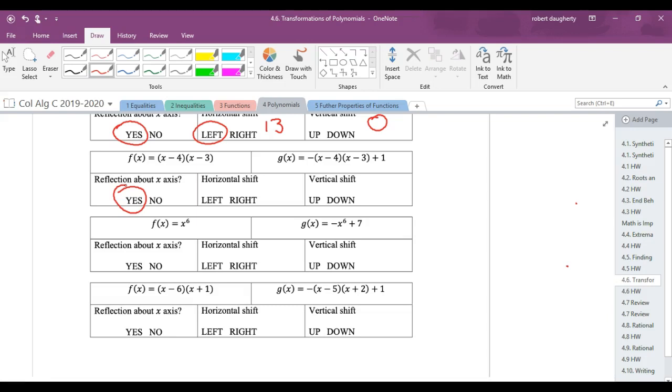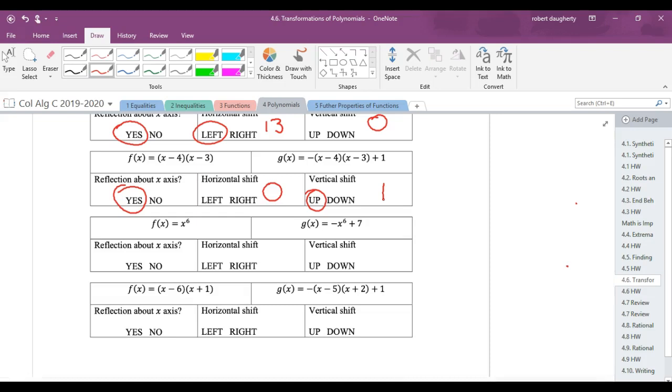What makes you think it moved horizontally? I see an x minus 4 and x minus 3, but what do I see over here? Same thing. So it did not move. There is no horizontal shift. Is there a vertical shift? Yes. It is up 1. Does this feel familiar? I mean, it should.